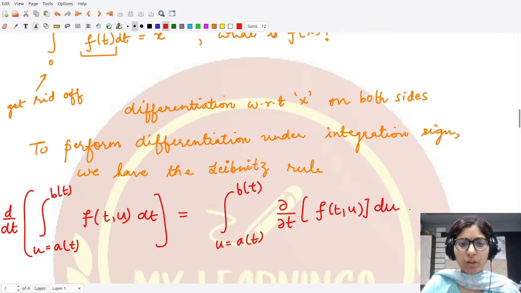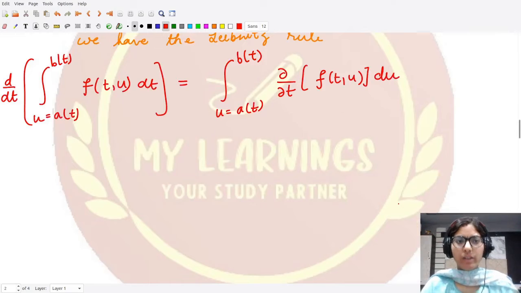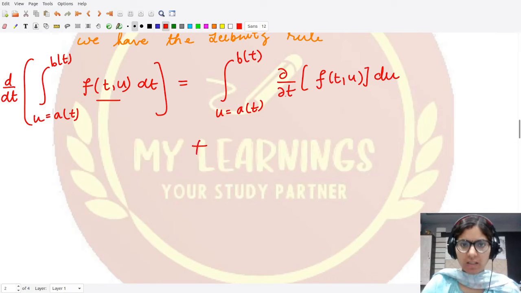If you do not know this rule, please do remember this, because it is very important if you want to perform differentiation under the integration sign in any case. So this is the rule. You will first perform the partial derivative for the inner term, and then plus the derivative of the upper limit.